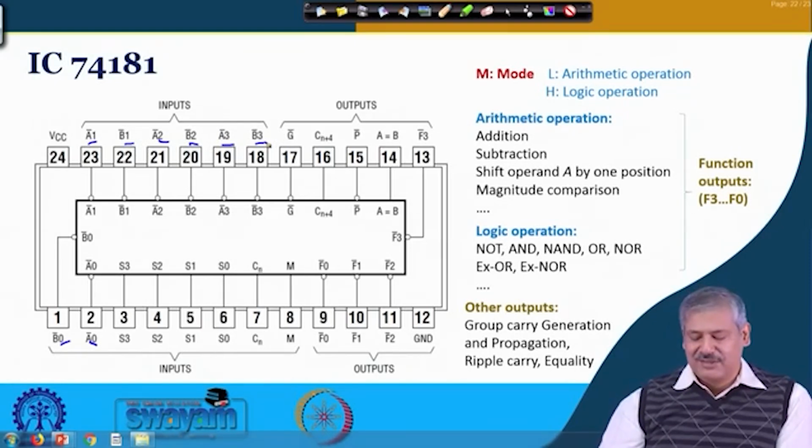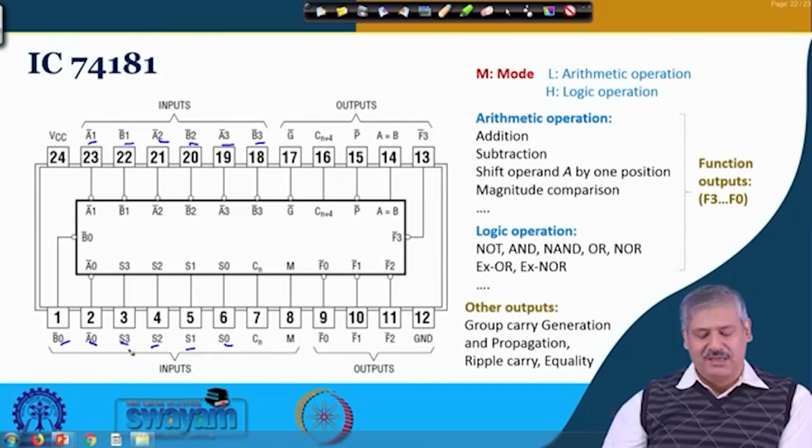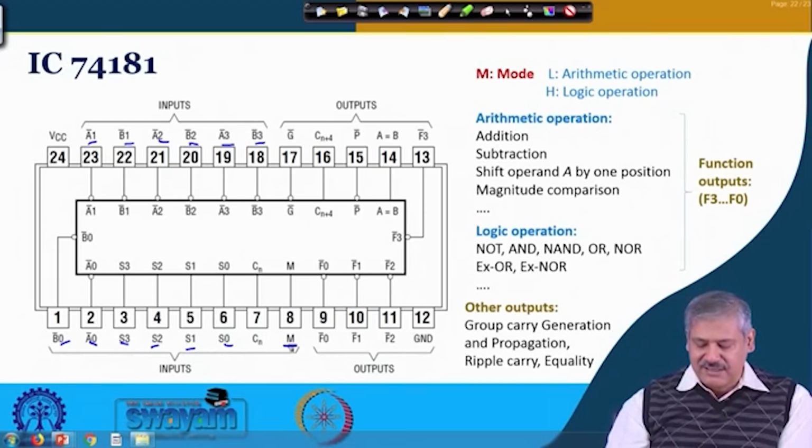Selection is designated by S0, S1, S2, S3. So, what does it mean? It tells us that 2 to the power 4, 16 possible operations are possible. Actually you can do more than that, because it has an additional input called M. M stands for mode.